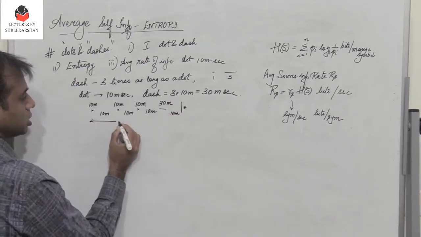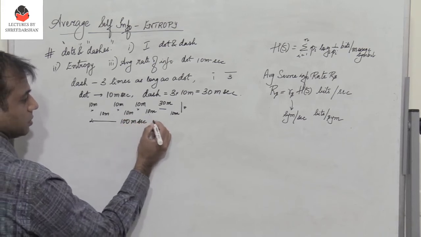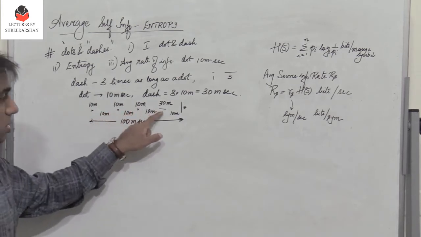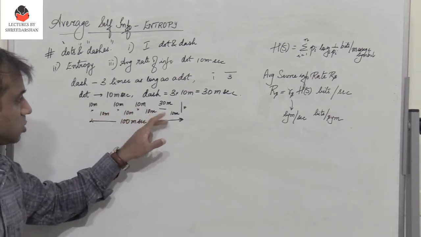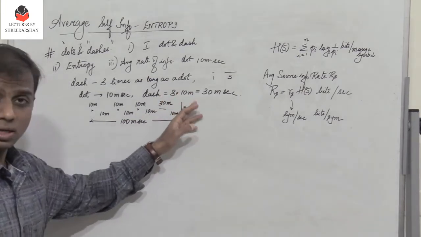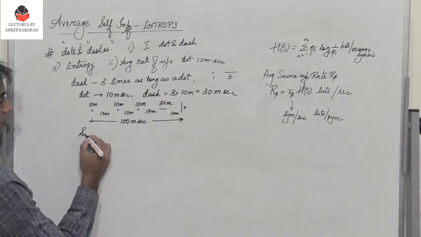So the total duration would be 100 milliseconds. You need to keep that in mind. You have 4 symbols and there's a gap of 10 milli. After a dash, the next symbol, either a dot or a dash, will occur after 10 milliseconds.